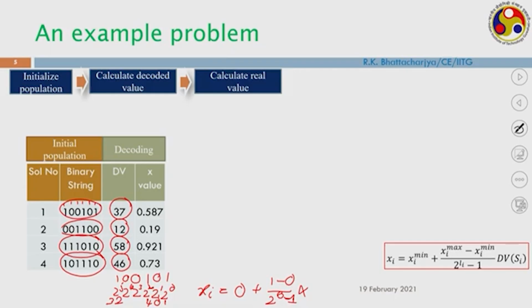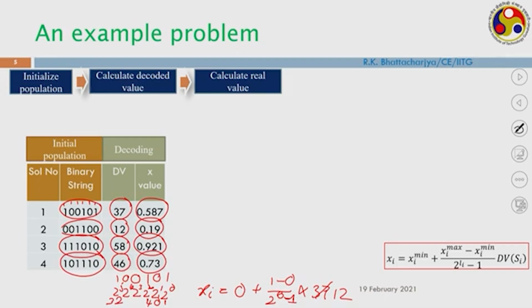So, the decoded value is 37. If you calculate this, you should get 0.587. Similarly, if you put the decoded value of 12, you should get 0.19, then this is 0.921, and this is 0.73. So, you are getting the real value.